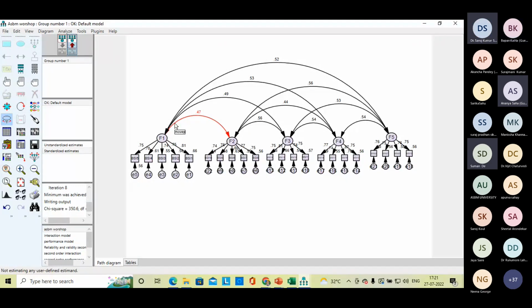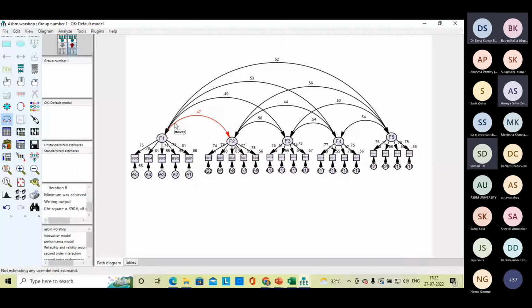That means F1 is sharing variance with F5 by 52%, with F4 by 53%, with F3 by 49%, and with F2 by 47%. Which is maximum?